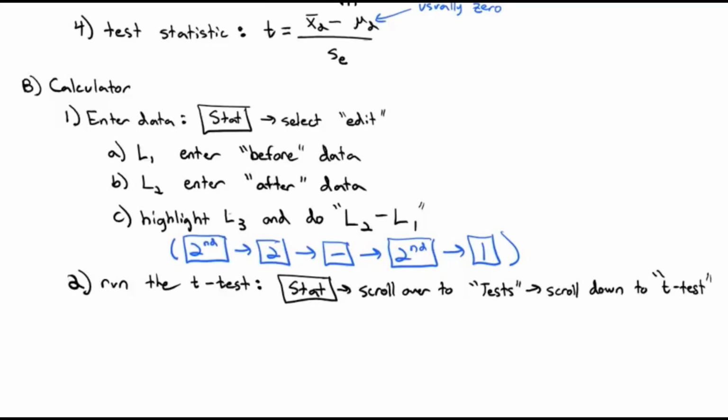Even though there's 2 sets of data, before and after, we're actually just working with the differences. So it's just one t-test. Don't do the 2-sample t-test. It's a single sample t-test. That single sample is the difference between the before and after, checking to see if the numbers went up or down.